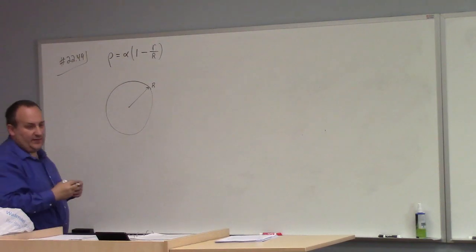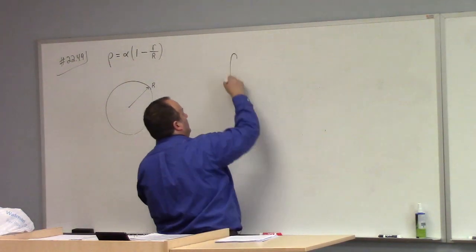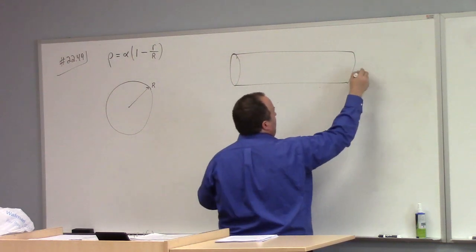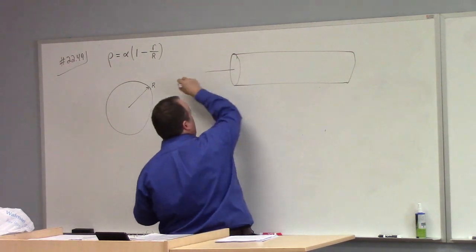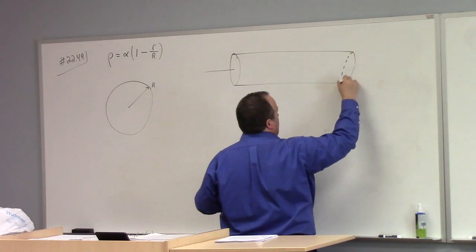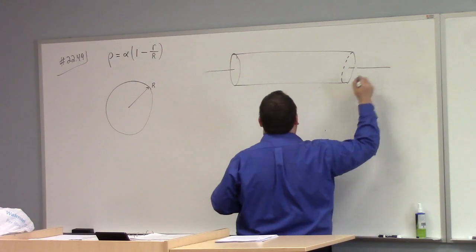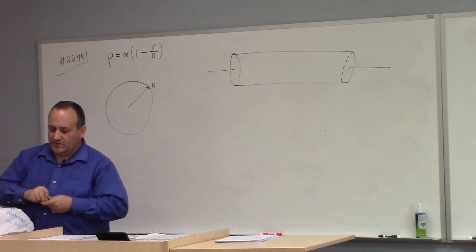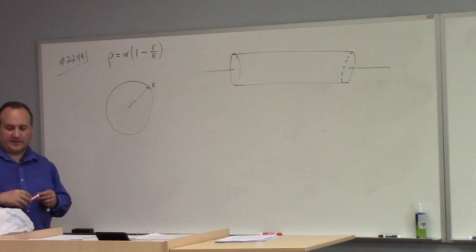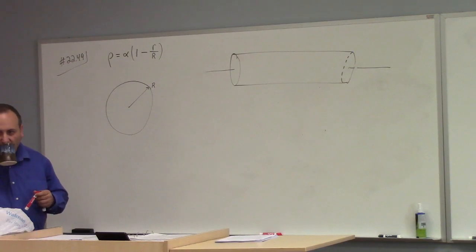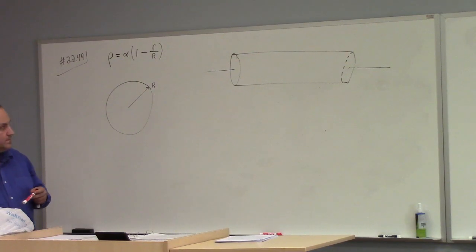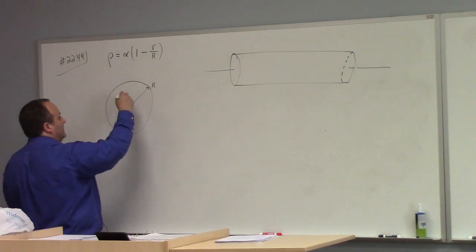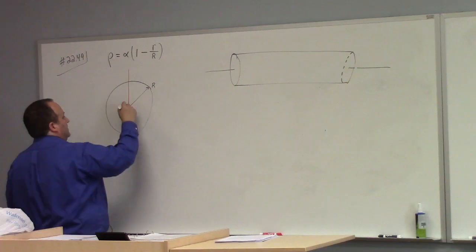If I draw a picture of it more like how I've drawn these before, it goes on and on. I can't draw an infinitely long cylinder, so I just have to be content with this much. If that's how the charge is distributed, what direction does the electric field go? The electric field has to be radial, like this.